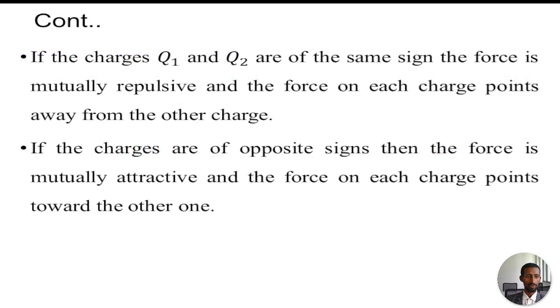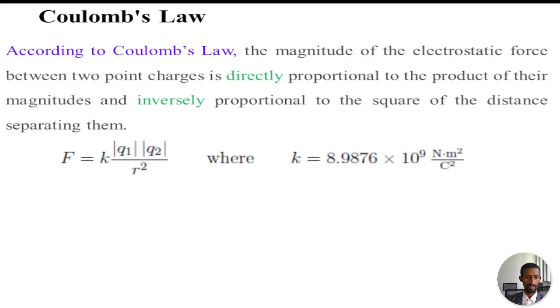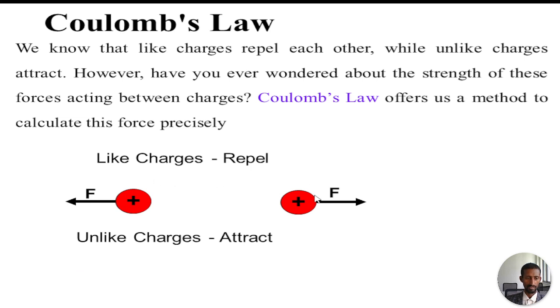So if the charges Q1 and Q2 are of the same sign, the force is mutually repulsive, and the force on each charge points away from the other charge. As you can see here, if they have similar charges, the force is away from the other charge.